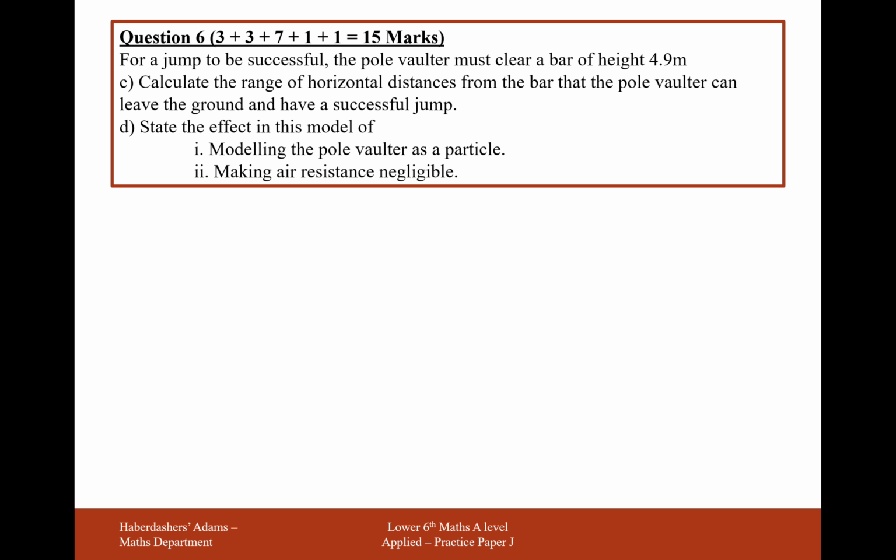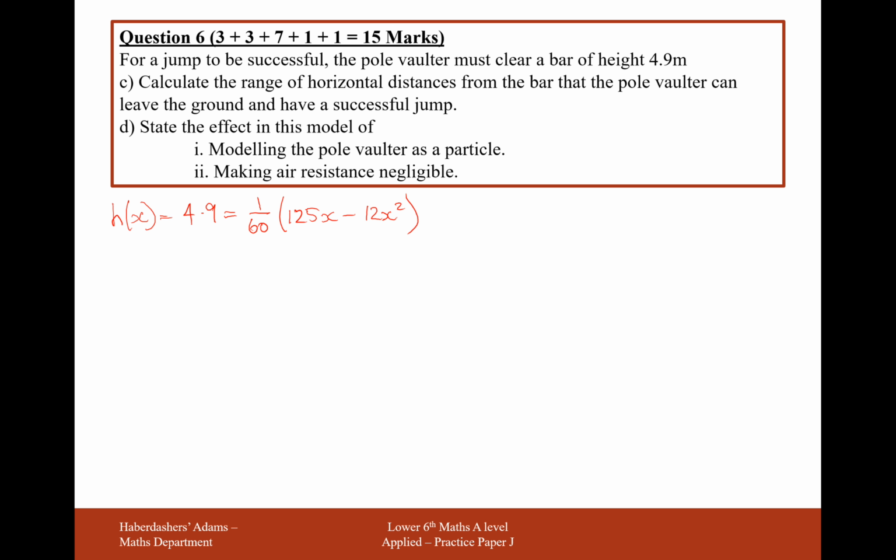So we want the height function to equal 4.9: 125x minus 12x squared equals 4.9, with the 1 over 60 included. So now we've got a quadratic equation that we can solve and work out x for.